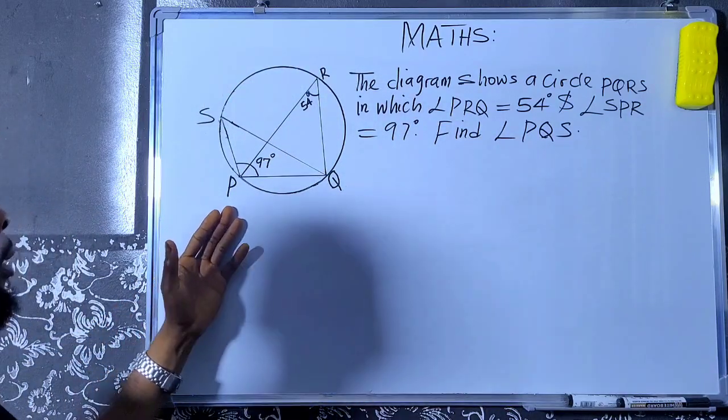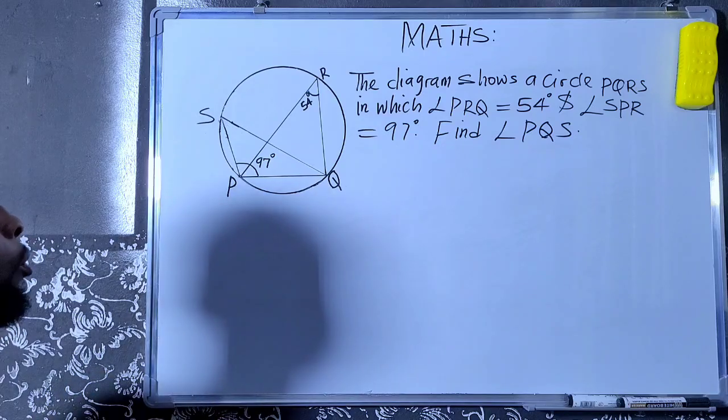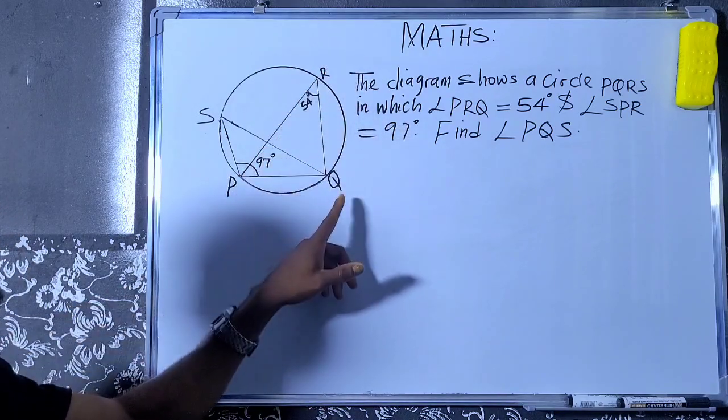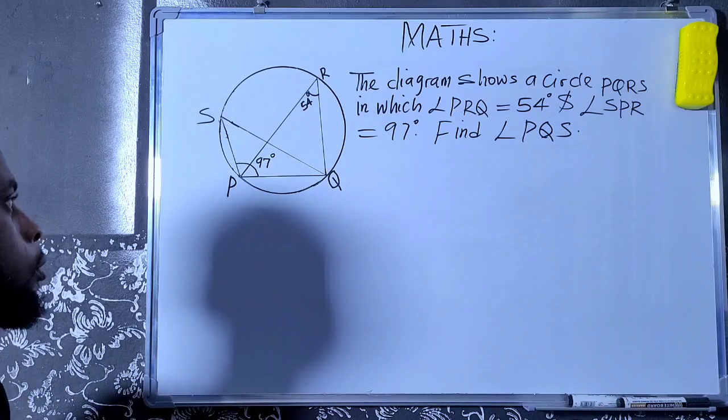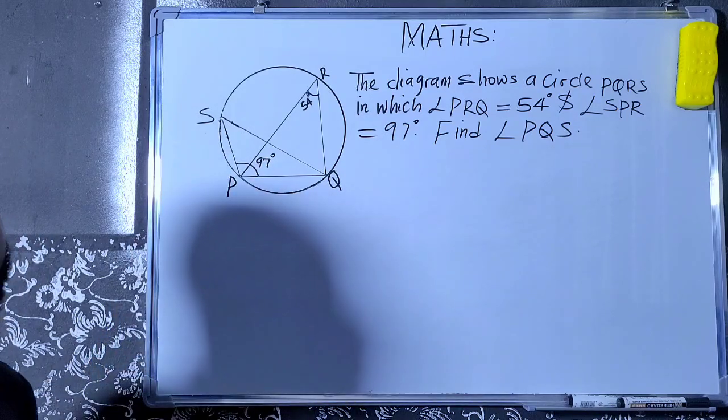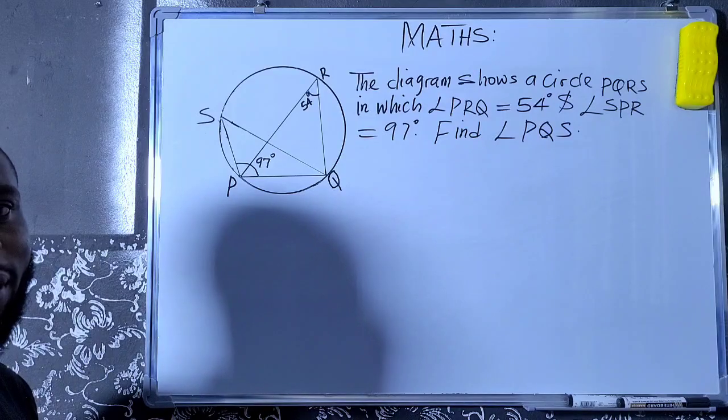If you look at this diagram carefully, you observe that angle PRQ equals angle PSQ. Reason being, angles on the same segment are equal.